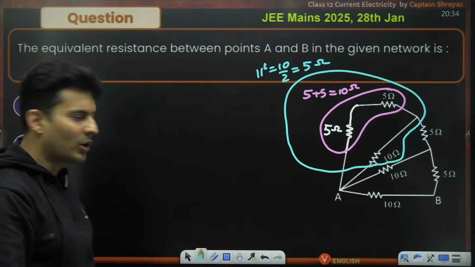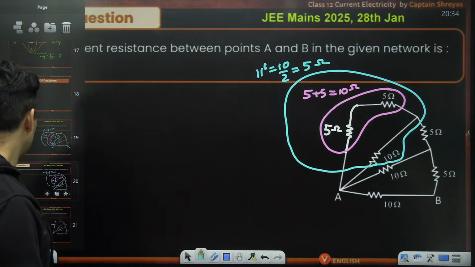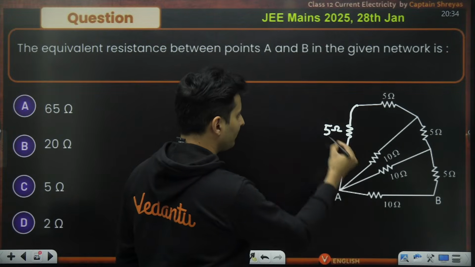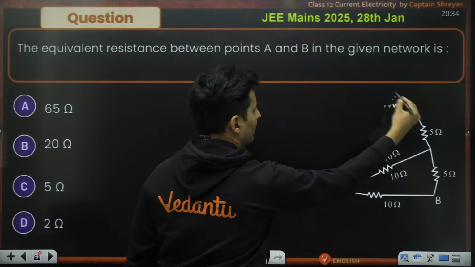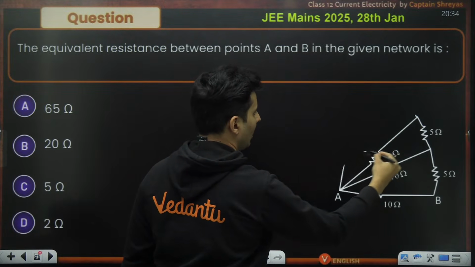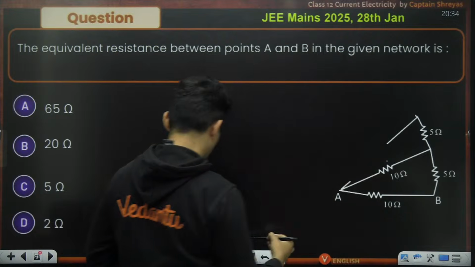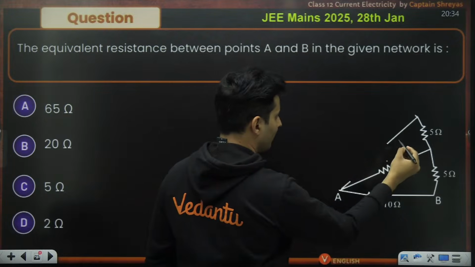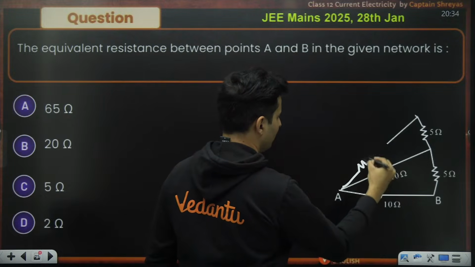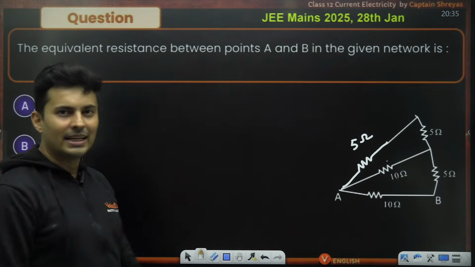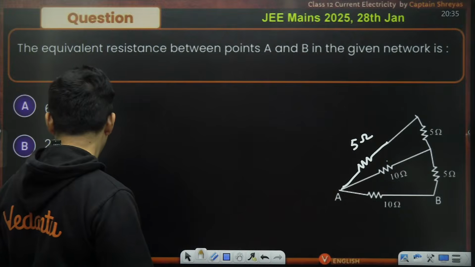It's like a repeat process, if you may see. So what happens is, you can again get rid of this 5. This 5 became 10 along with this 10 over here. So we now have just a simple 5 ohm resistance. Same process is getting repeated, guys, again and again.